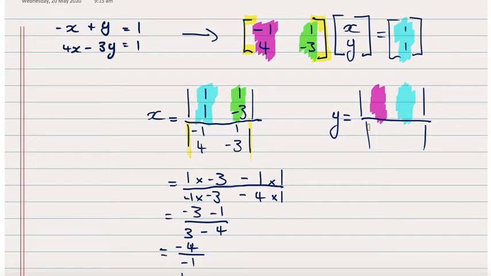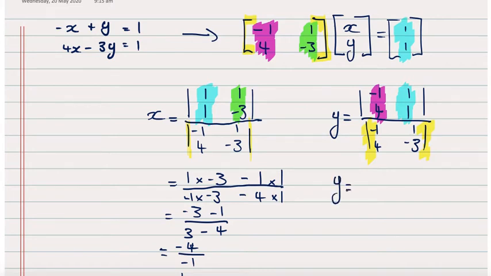And down below we'll have the same determinant of this matrix here. So putting it all together, -1 and 4, 1 and 1, and then we've got -1, 4, 1 and -3.